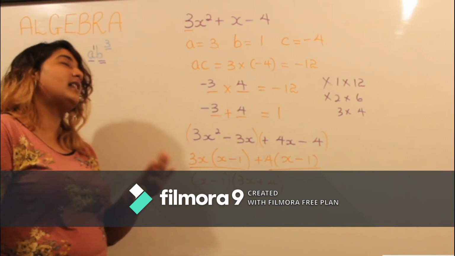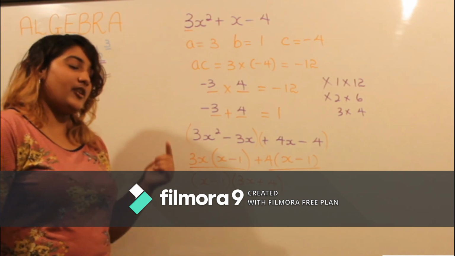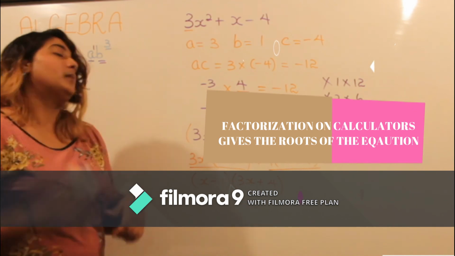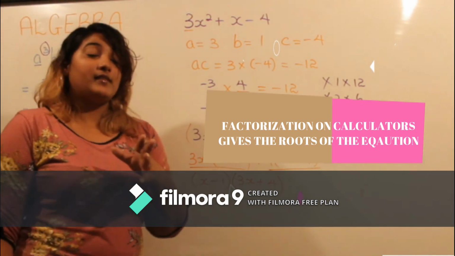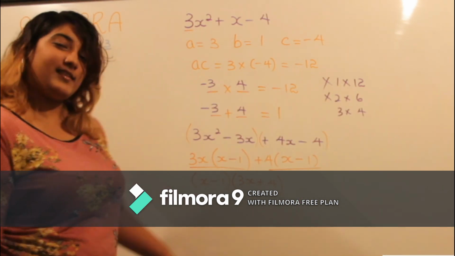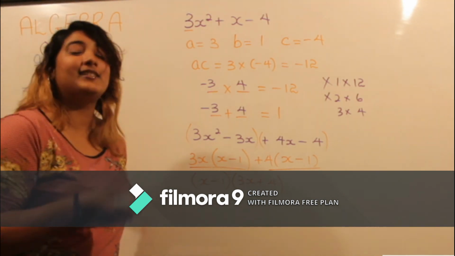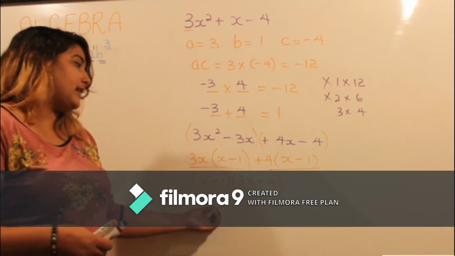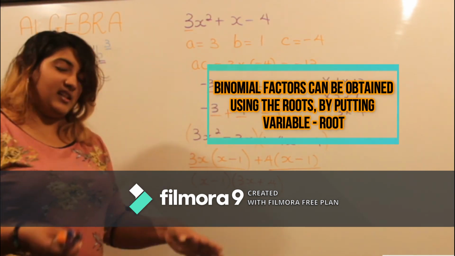Now, I know some people know how to do the factorization on the scientific calculator. That's all good. But if you're using that method to help you hack the factorization process, I really want to urge you to remember you're not solving for x, and what the calculator actually gives you is the result as a root, or the value of your variable x or y, whatever the case may be.